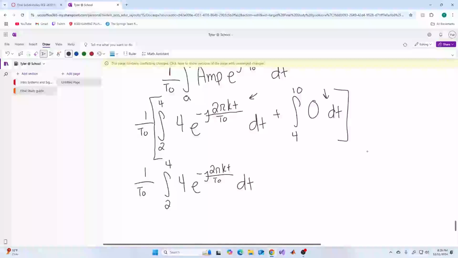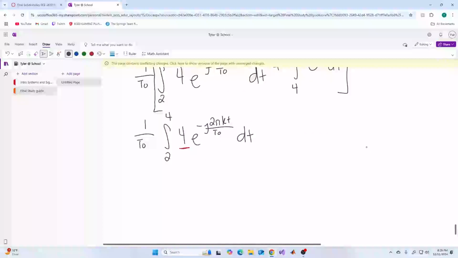The first thing that I always like to do is I like to pull this 4 out. It just makes it a bit easier. So I'm going to have 4 divided by t0, the integral from 2 to 4, e to the negative j 2 pi kt divided by t0 dt. Now the integral of e to the power of anything is e to the power of anything all over, and then we're going to take the reciprocal of this.